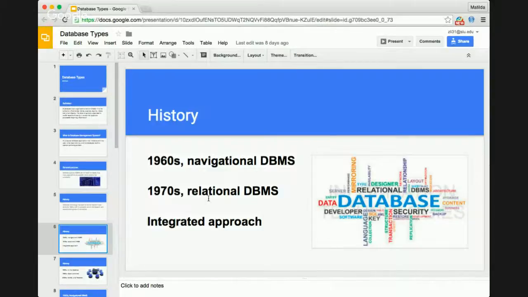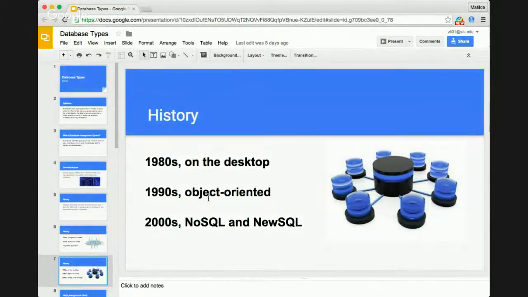The second is in the 1970s, the Relational Database Management System. The third is the Integrated Approach. The fourth is the 1980s on the desktop. The fifth is the 1990s, object-oriented. The last one is the 2000s, NoSQL and NewSQL.